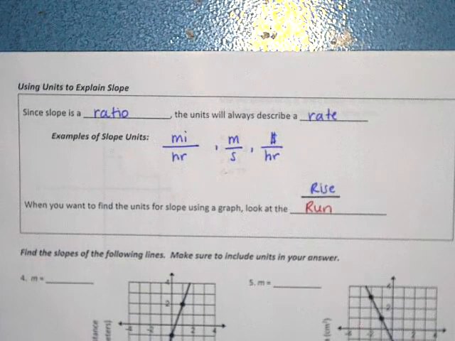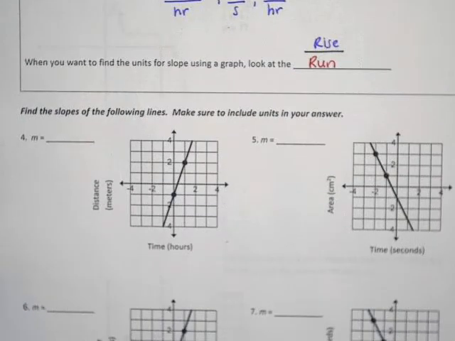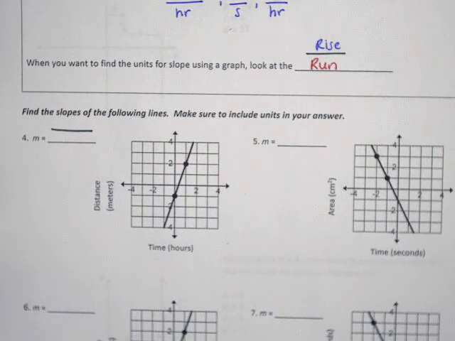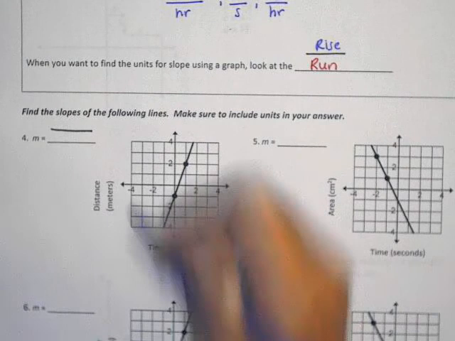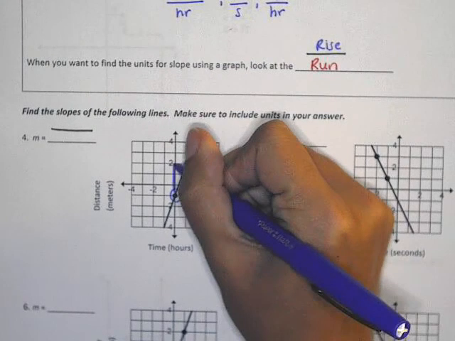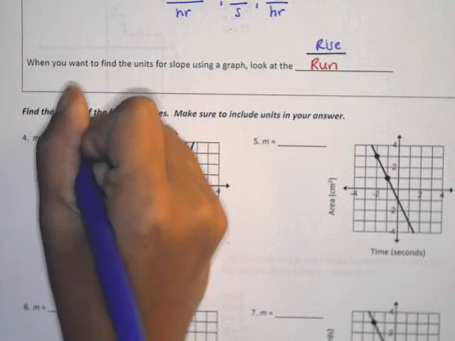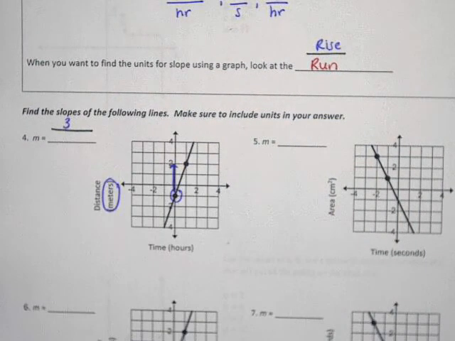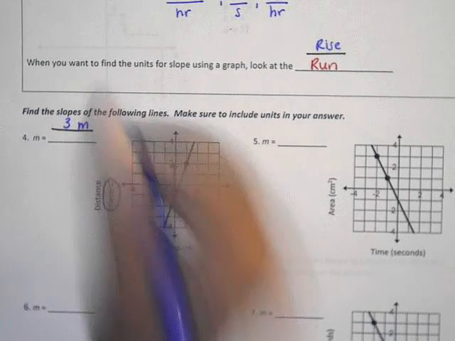So if we look at problem number 4, first we're going to start with just the numbers. So I can start at either end, it doesn't matter. If I start here, I would need to go up 3 spaces to get to the other point. And the units for my rise would be the units on the vertical side of the graph, which are meters.